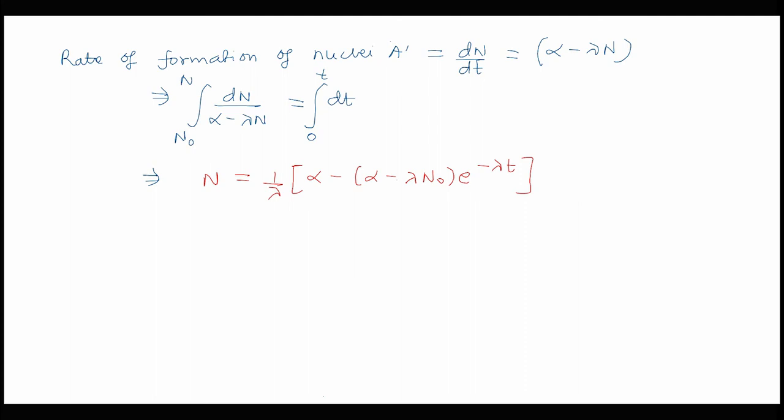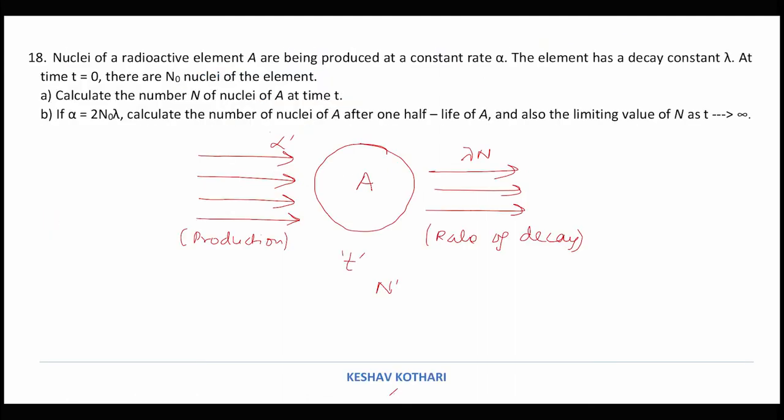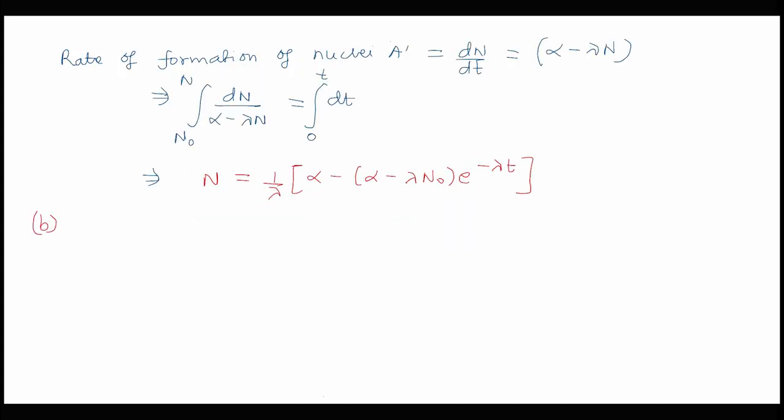Now in B part the question is saying, if alpha is equal to 2 n naught lambda, then calculate the number of nucleus of A after one half-life of A, and we also have to find the limiting value of n as t approaches infinity. So over here we just need to substitute alpha is equal to 2 lambda n naught and t approaches infinity.